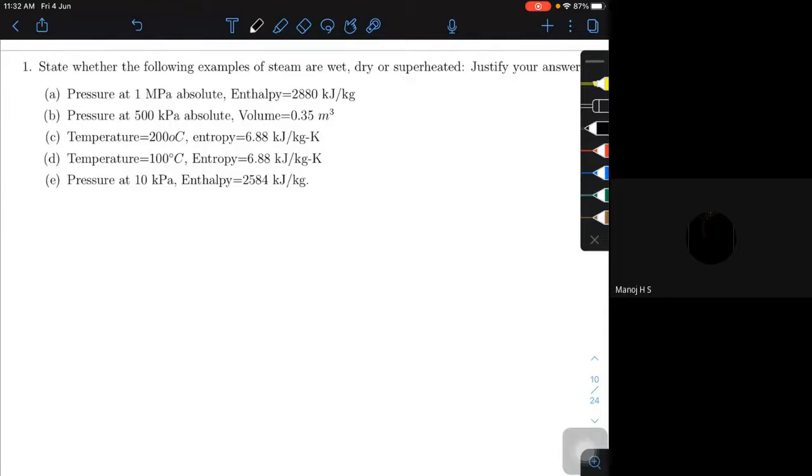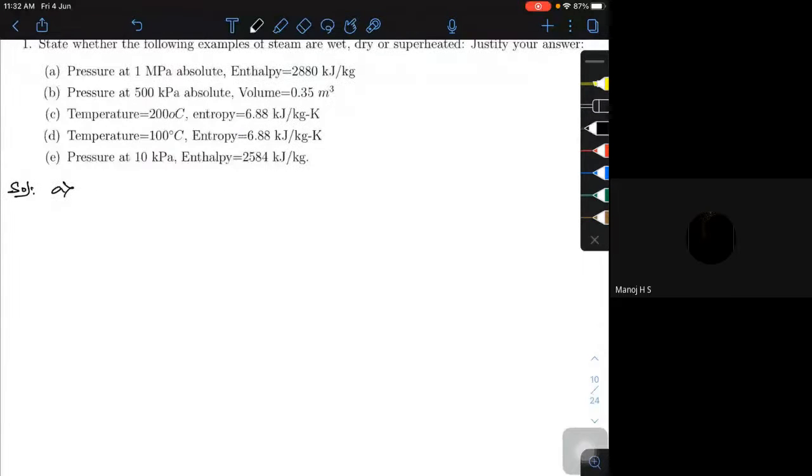Let's look at the first question, A. I will tell the procedure, you follow this. It is pressure at 1 megapascal absolute, enthalpy is 2880 kilojoules per kg. Now what you have to do is go to the steam tables, based on pressure.